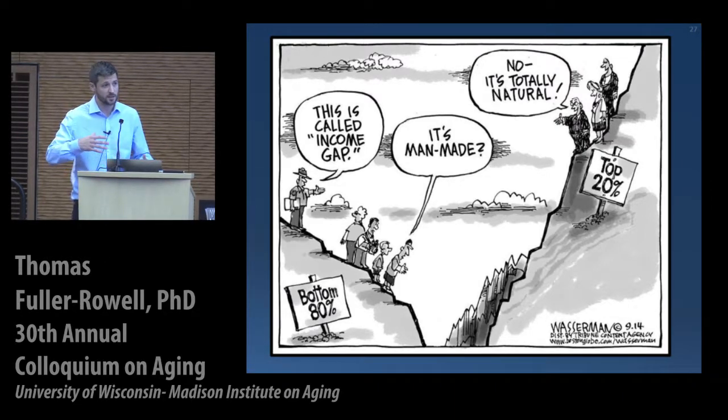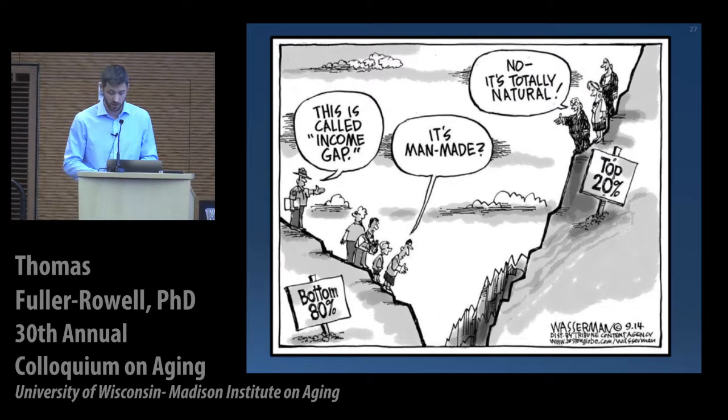As these worlds are overlapping less and less, and the top 20% are increasingly living more affluent lives that are separate from everyone else, it's possible that elitism and classism and social class discrimination could be playing a substantial role in how people are treating each other.